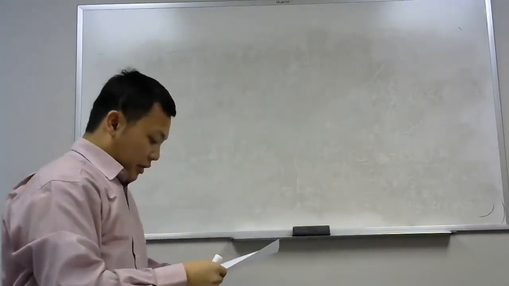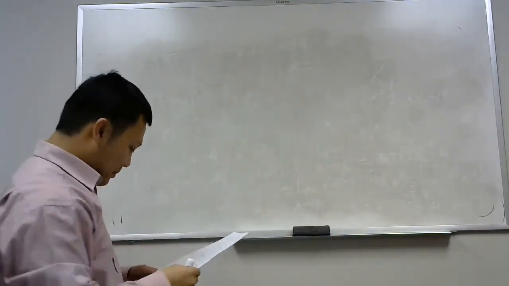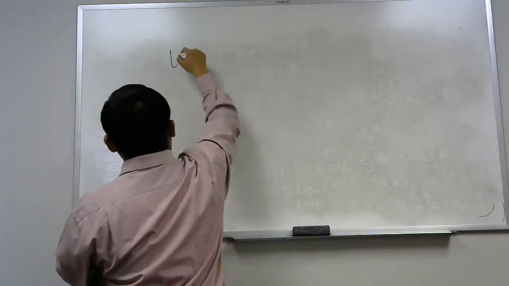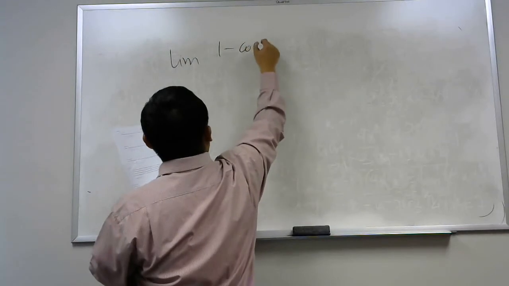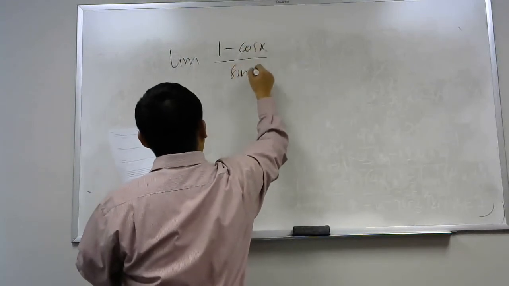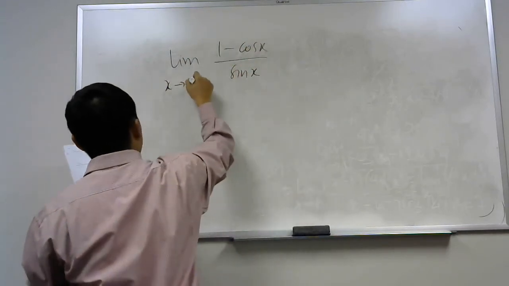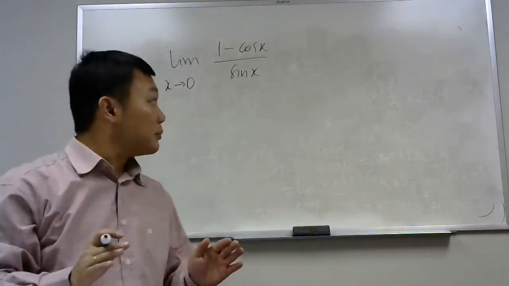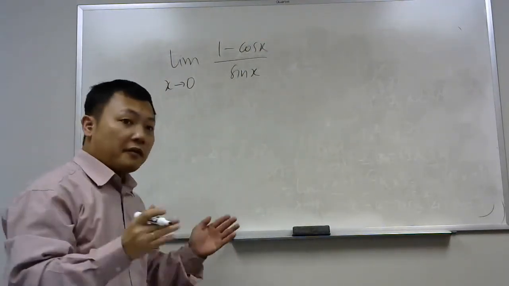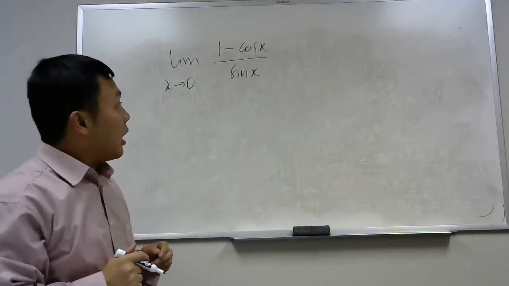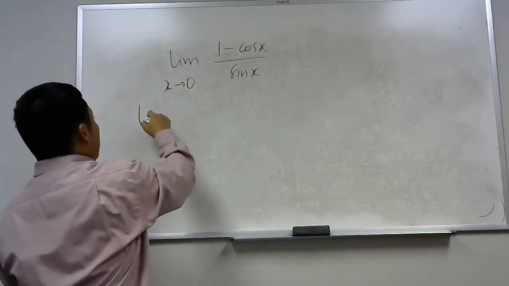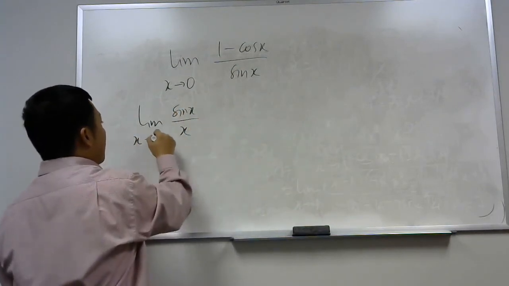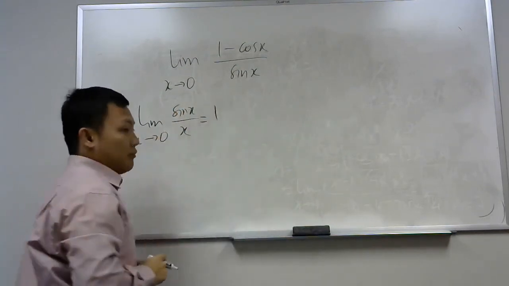So the next question is about trig functions. We need to find the limit of 1 minus cos of x over sine of x when x goes to 0. For trig functions, I would remind you of a very special limit: the limit of sine of x over x when x goes to 0 equals 1.